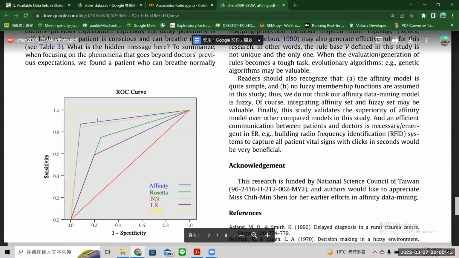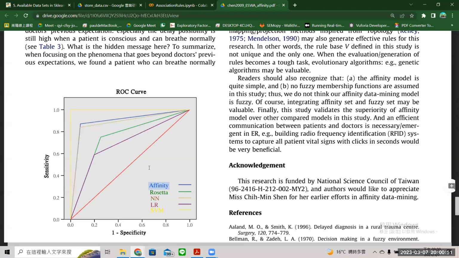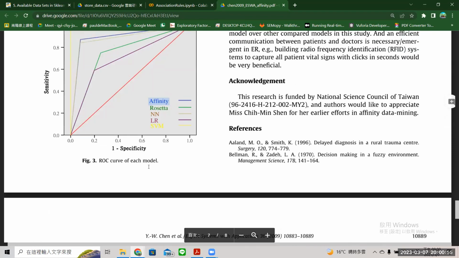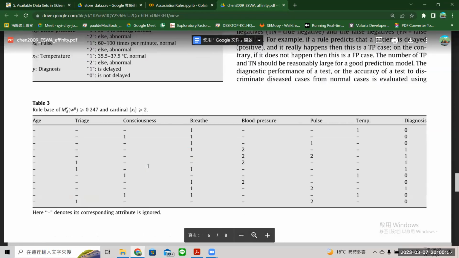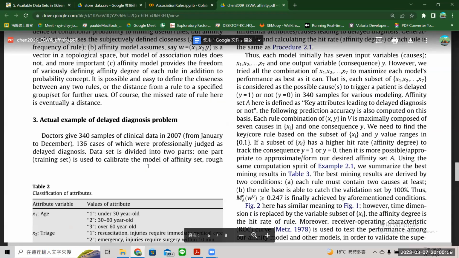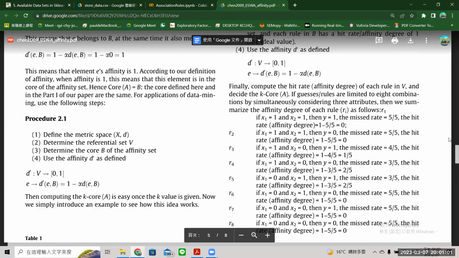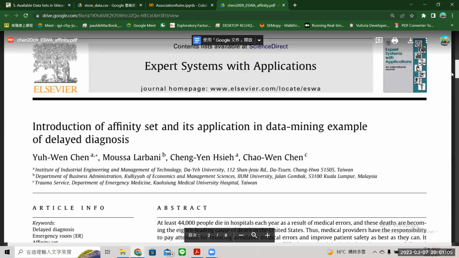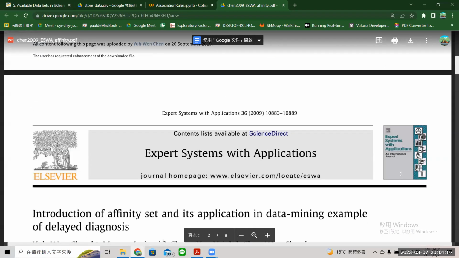That means my model is not bad, and it's a very similar concept about the association rule. So finally, I took some time to give a short tour about my earlier work about data mining.